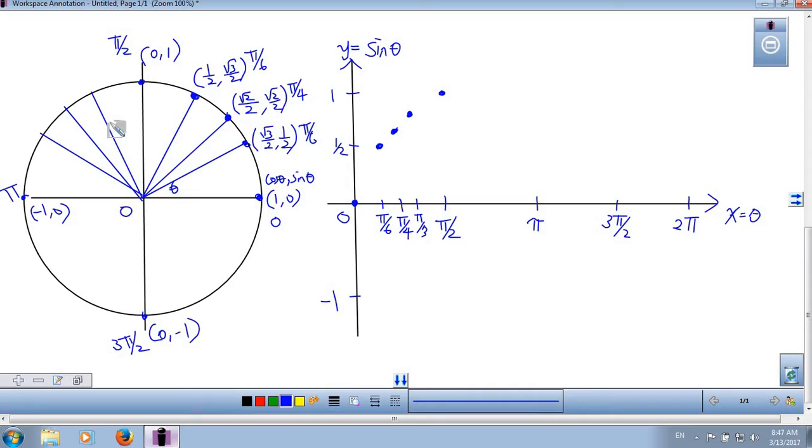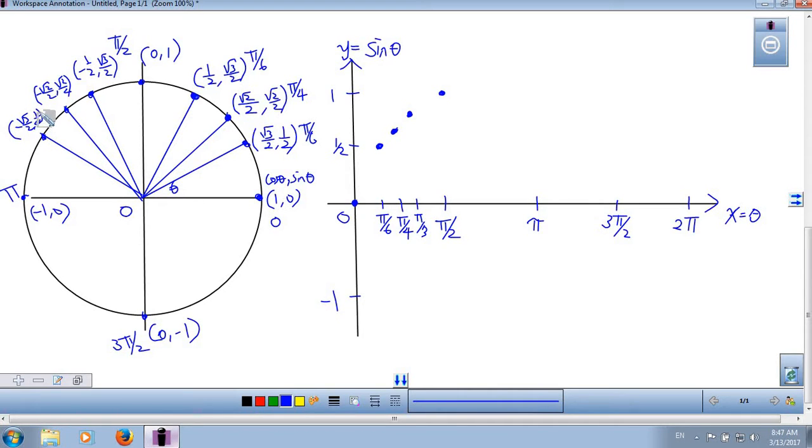So as we go through the second quadrant, coming from pi over 2 to pi, the values go down. If you remember, these values are actually equal and opposite in the x values, so only the x value changes, but the y value doesn't change.